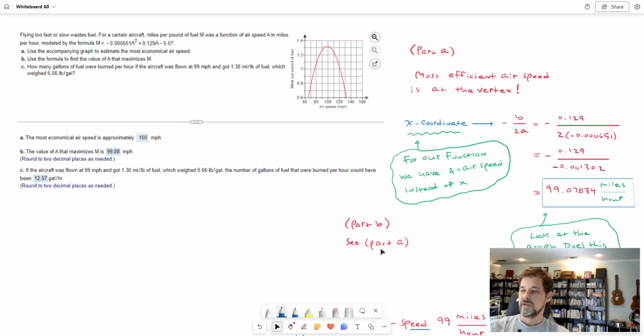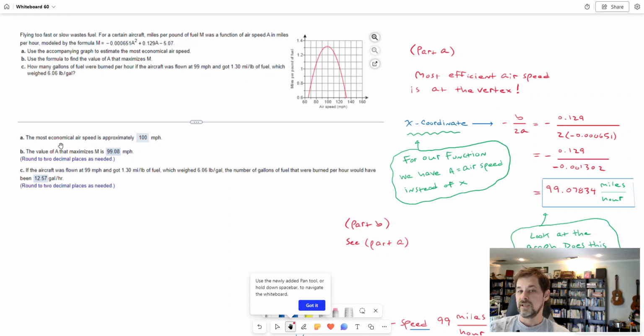So for parts A and B, I've combined them a little bit. If we can agree that that vertex point represents the most efficient airspeed and best use of fuel for the airplane, then to tell you the most economical speed would just be a matter of figuring out where that point is. So like part A or B says, look at the graph and see if you can figure it out. Where does it look like that point is?